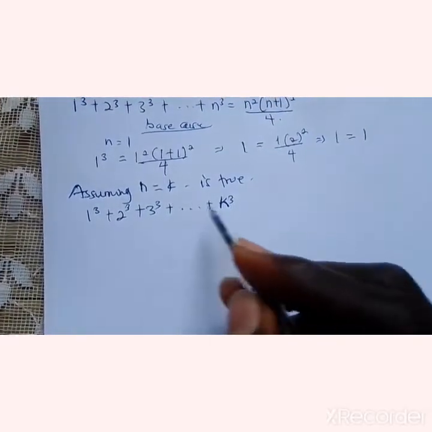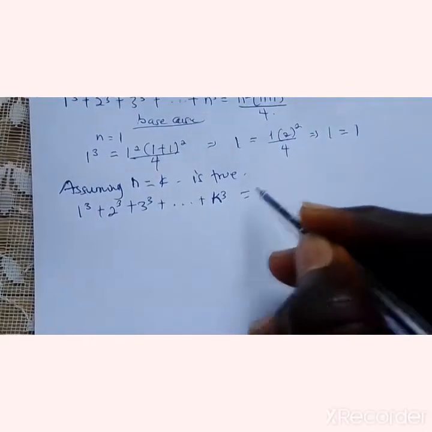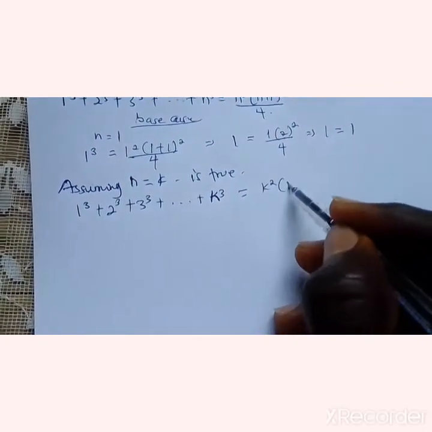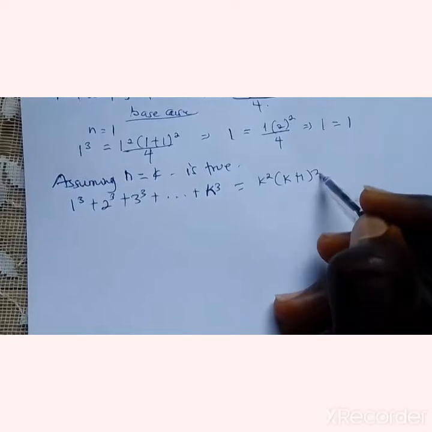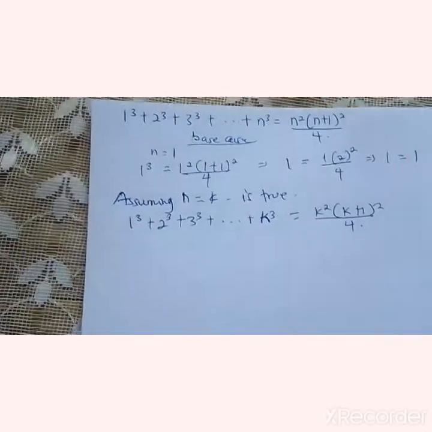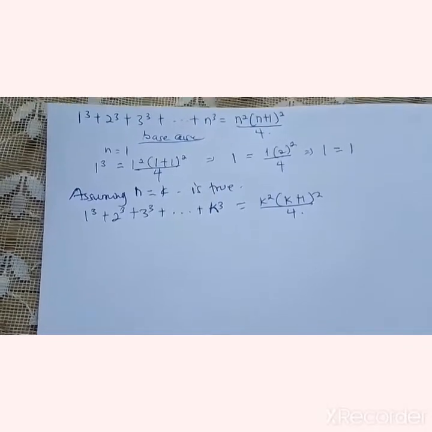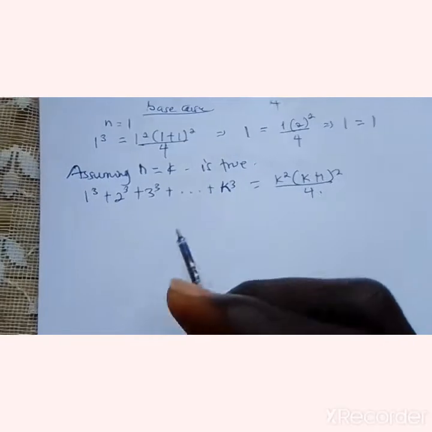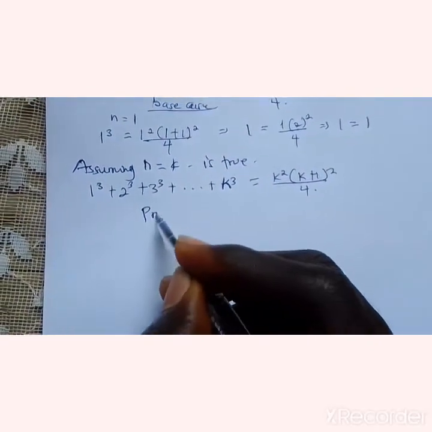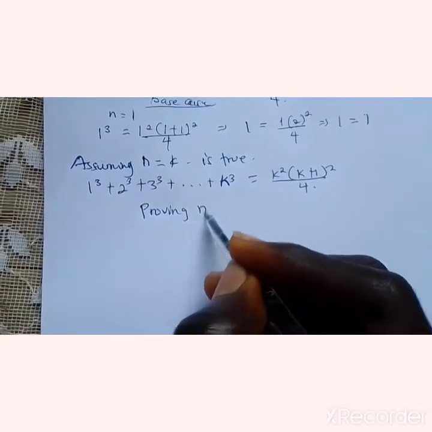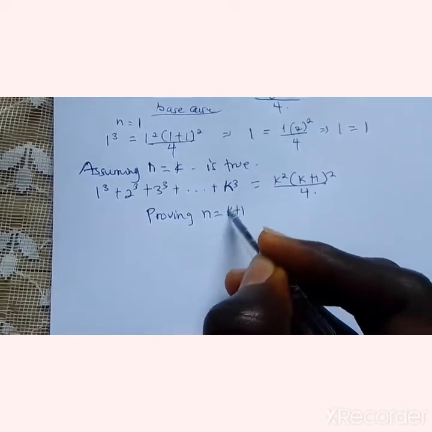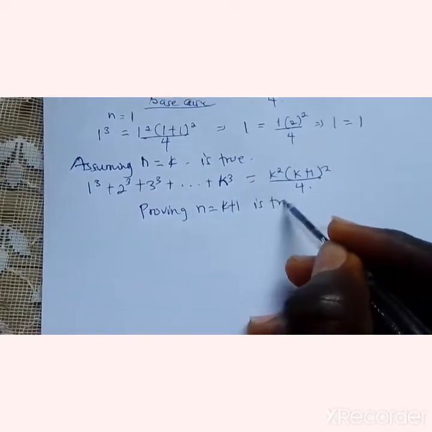Wherever you see n, you put k, is equal to k squared multiplied by k plus 1 all squared all over 4. So at this point, we are assuming that this statement is true, and that is the induction hypothesis. So let's move straight to our inductive step, where we have to prove that n equals k plus 1 is true.